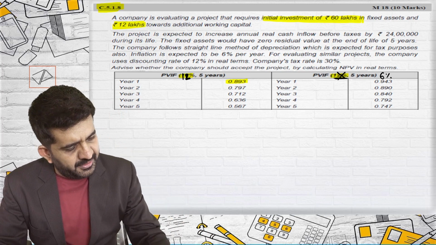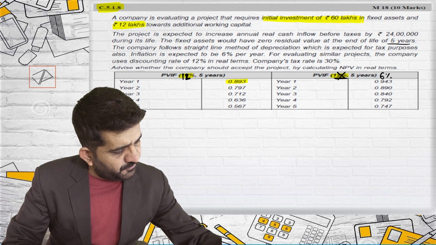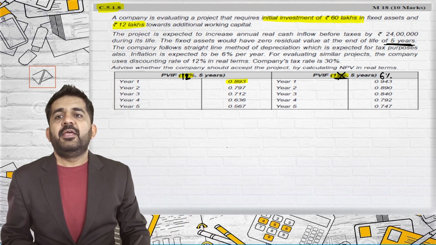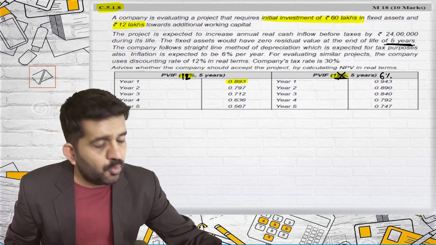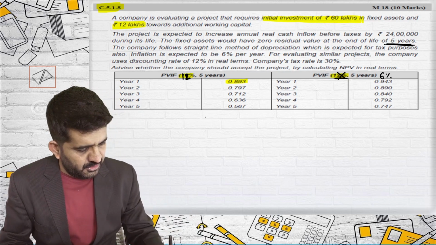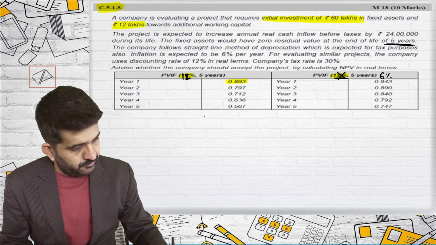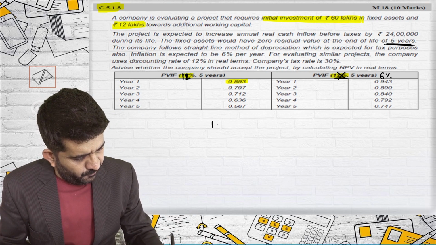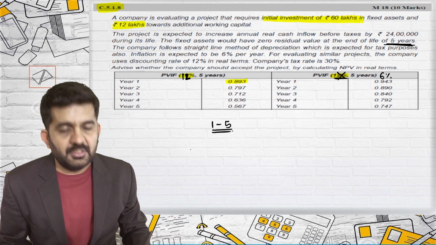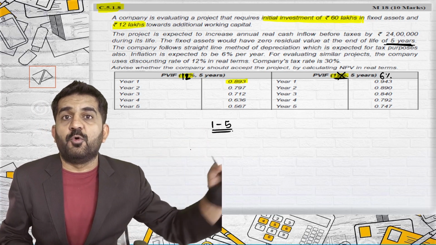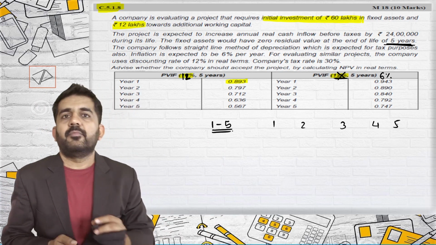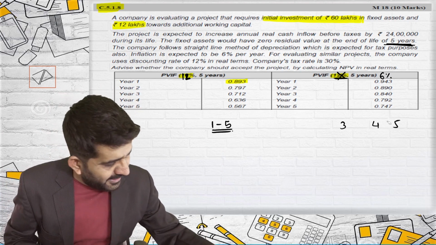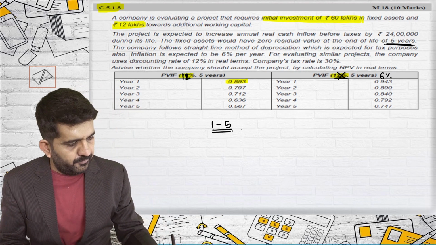The project life is 5 years and every year it will increase the cash flow by 24 lakhs. So it is 1 to 5 years. I am not writing 1, 2, 3, 4, 5. I will tell you why. What I am writing is 1 to 5.